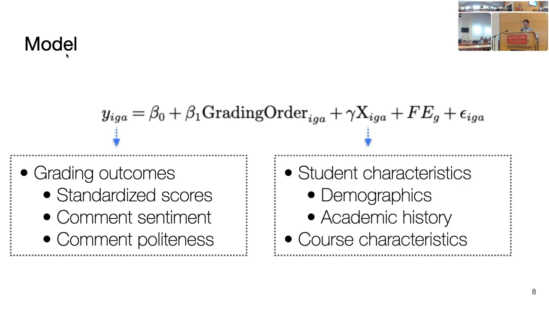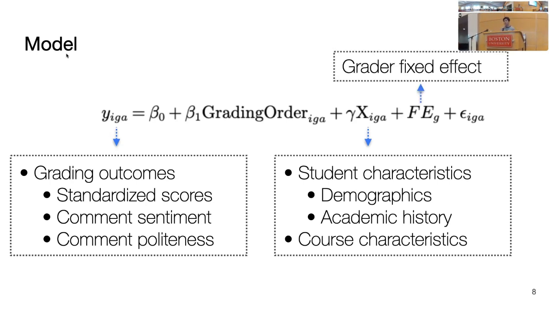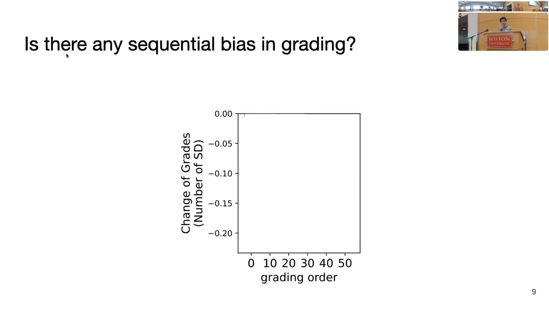We control for student characteristics like demographic information, academic history, and course characteristics. We also control for grader effects, because some graders might be more generous and some stricter. I don't know whether you're a strict grader or not, but we control for that. The most important variables we care about are the grading order and the grading outcomes.